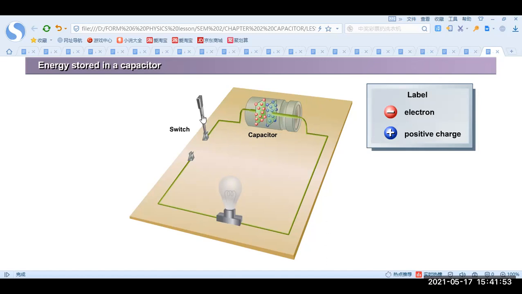Once I switch on, it releases charge until the bulb lights off. Why does the bulb light off? Because no more charge flows through the bulb and none of the electric energy converts to light energy. So the light is gone.